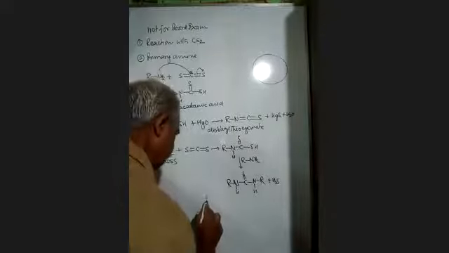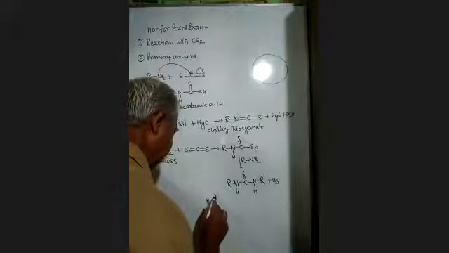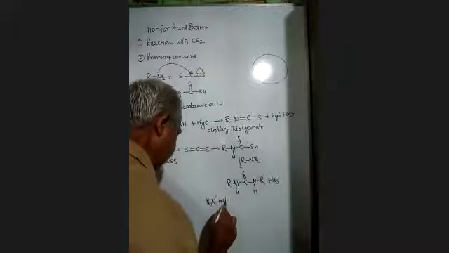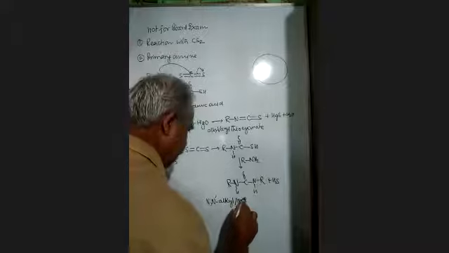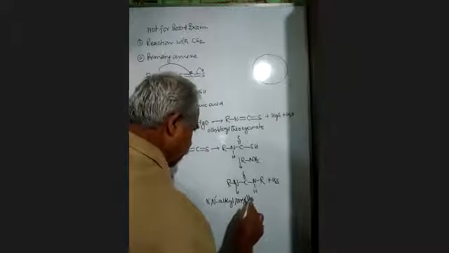This is called thiourea. So we'll call it N, N prime alkyl or aryl thiourea.